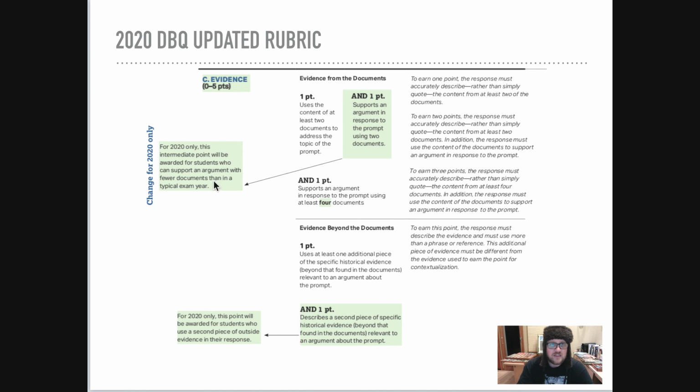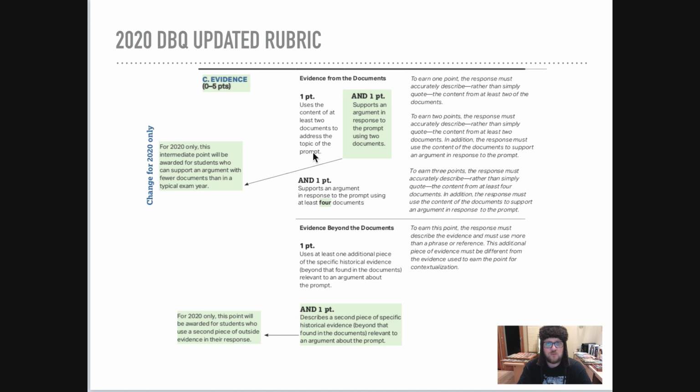In dealing with evidence for this second part of the rubric, there were 2 points added compared to previous years. Here are the 2 points that were added. Okay, so 1 point is going to be modified. You have to use the content of at least 2 documents to address the topic of the prompt.